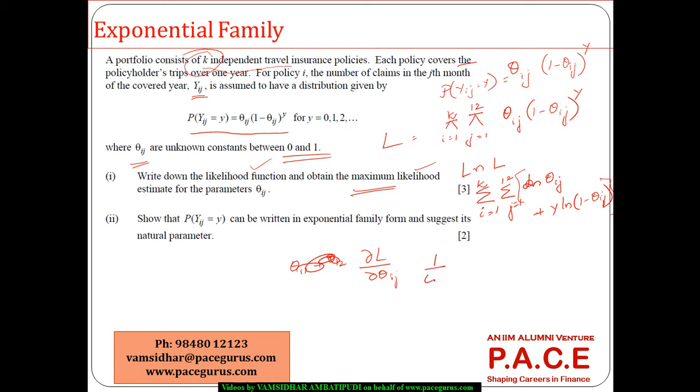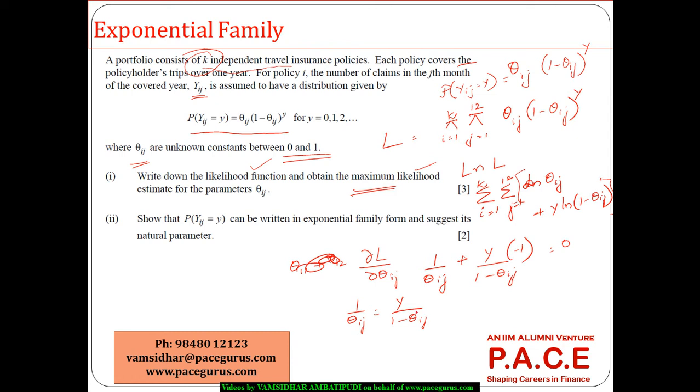It becomes 1 by theta ij plus y by 1 minus theta ij times minus 1, equal to 0. Now some constant times this, because this entire thing is repeated the same number of times across, I can very well set this equal to 0, which means 1 by theta ij is equal to y by 1 minus theta ij.